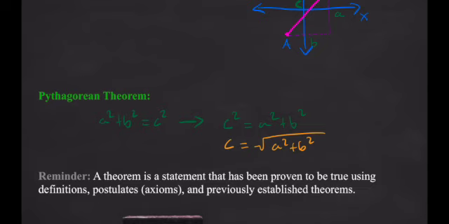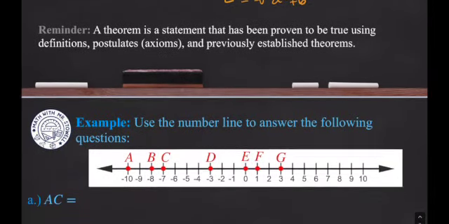Just a quick reminder, a theorem is a statement that has been proven. It is proven to be true no matter what, using definitions, postulates (another word for postulates is axioms), and previously established theorems. That's just a side note.